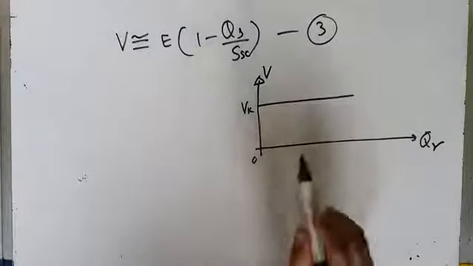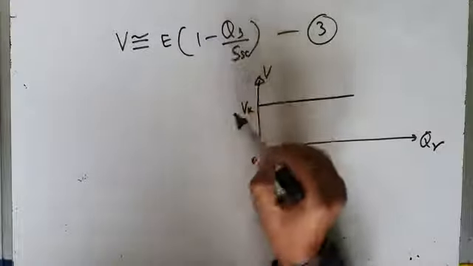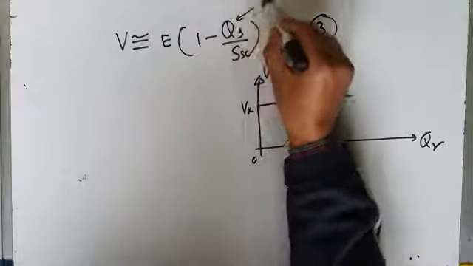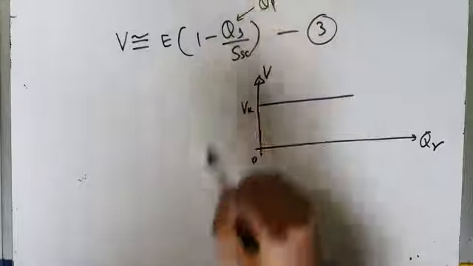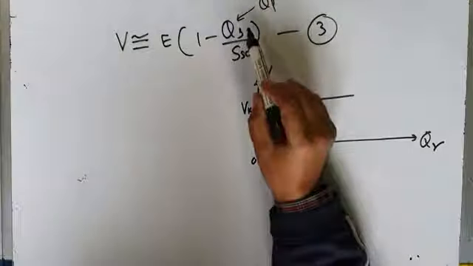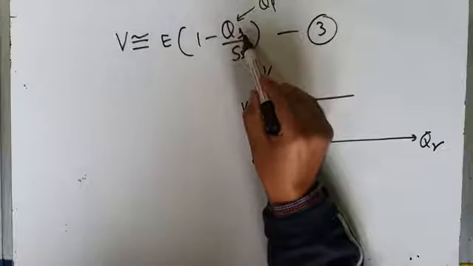Okay, but this equation tells you that as the reactive power demand of the load increases, this is actually QL, and QL is the same as QS. I mean, without compensation, if you are not providing any compensation, the reactive power demand of the load is the same as the reactive power supplied by the source.